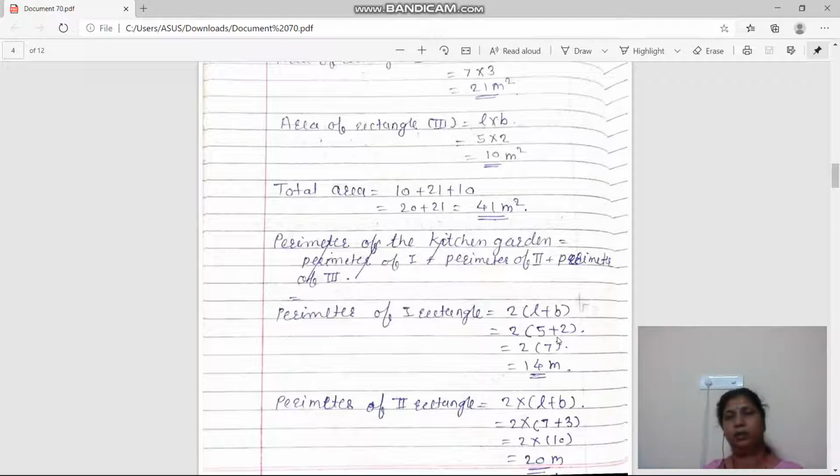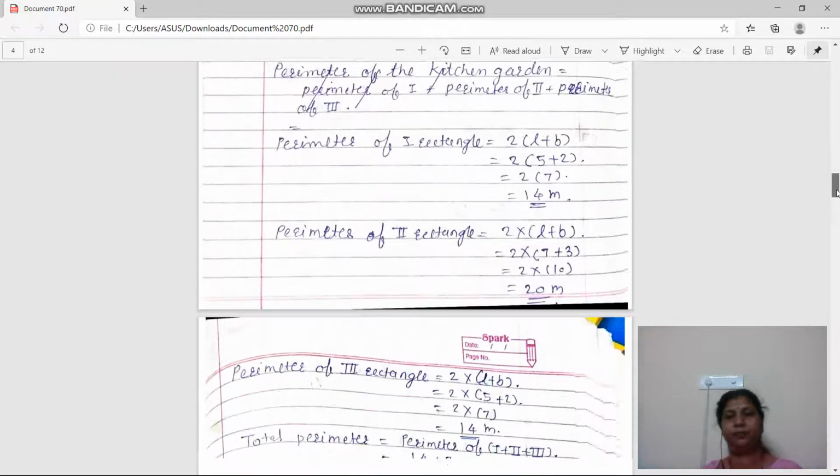Is it required to once again tell how length is 5 and breadth is 2? We already explained in the area. So we'll say here 5 plus 2, 7. So 2 7s are 14. It is in meter. Perimeter is in meter, not meter square. Area only is in meter square. Get it? Fine.